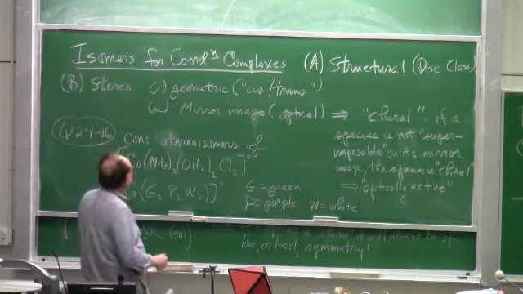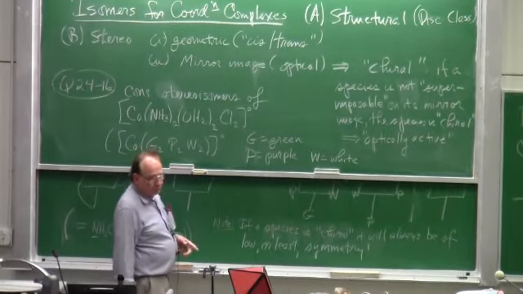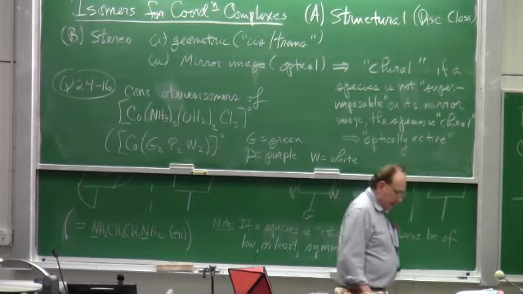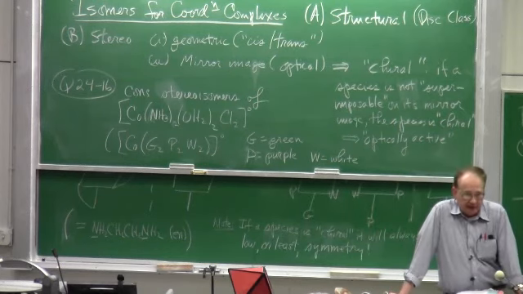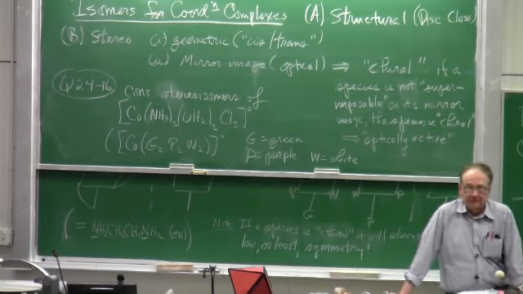Now, cis-trans, or in an octahedral complex, where you have two sets of like ligands, facial versus meridional.